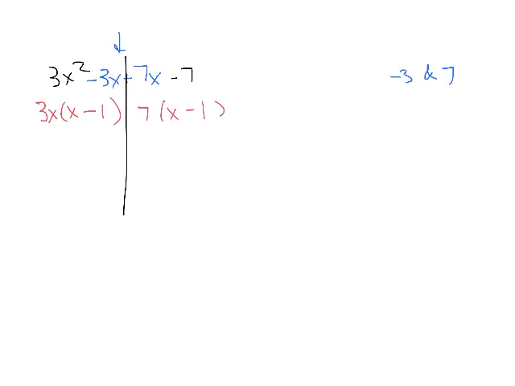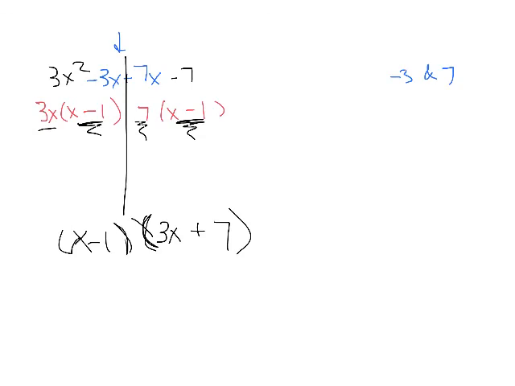Again, you'll notice how both sides have the same common term, so that's one part of our answer, x minus 1. And then we also need what they are multiplied by. In this case, it would be a 3x for the first plus a positive 7 for the second. And our final answer is x minus 1 times 3x plus 7.